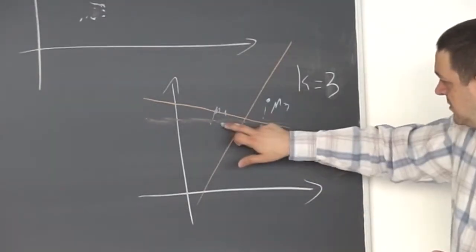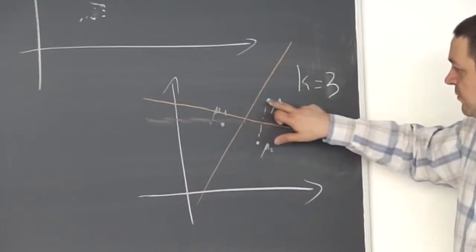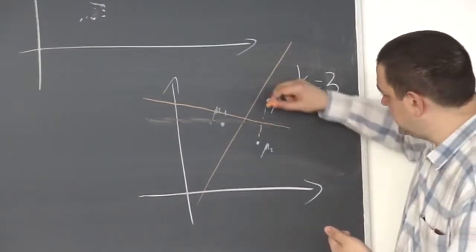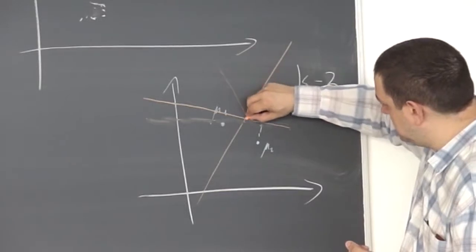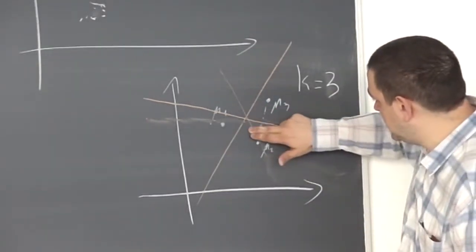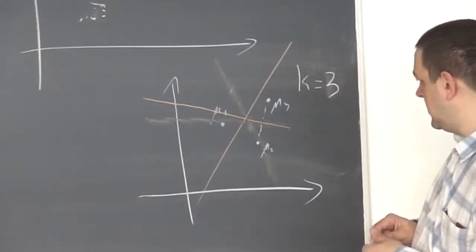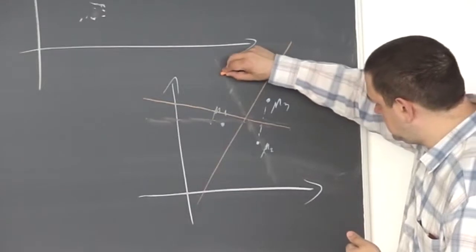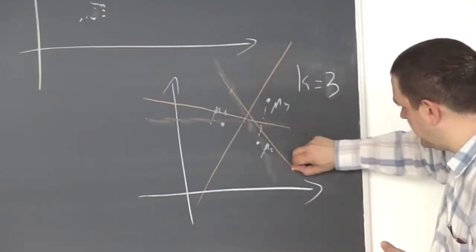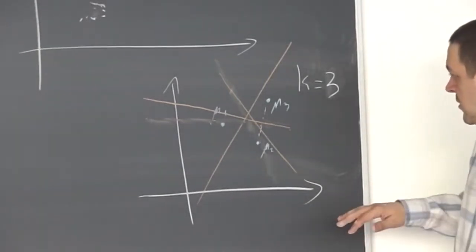We can do the same for the set of points that are closer to mu1 with respect to mu3, and we get another line. Of course, the three lines should not necessarily cross at the same point. Let me do it like this, okay?